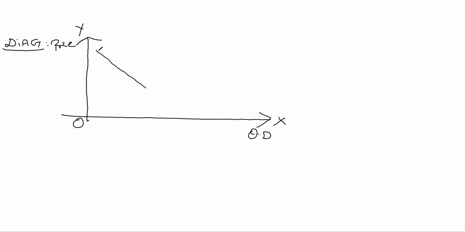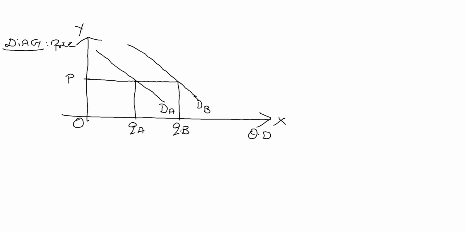Suppose this is the demand curve by individual A, and this is the demand curve by individual B. So at the price of OP, individual A demands QA units, individual B demands QB units. So guys, what will be the market demand? So market demand will be QA plus QB. So this will be like this.